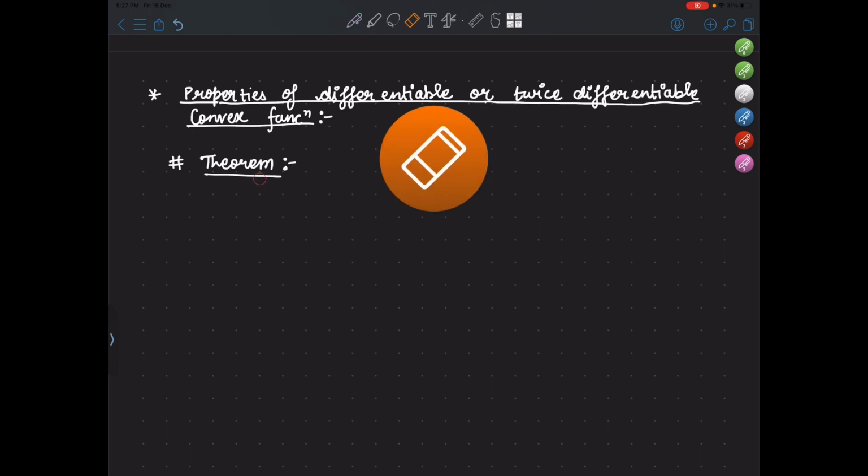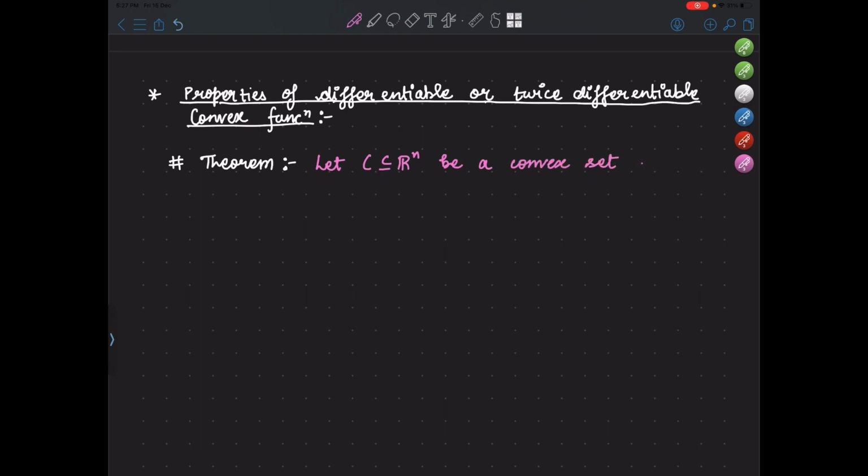So let C, a subset of Rn, be a convex set, and f from C to R be a differentiable function.